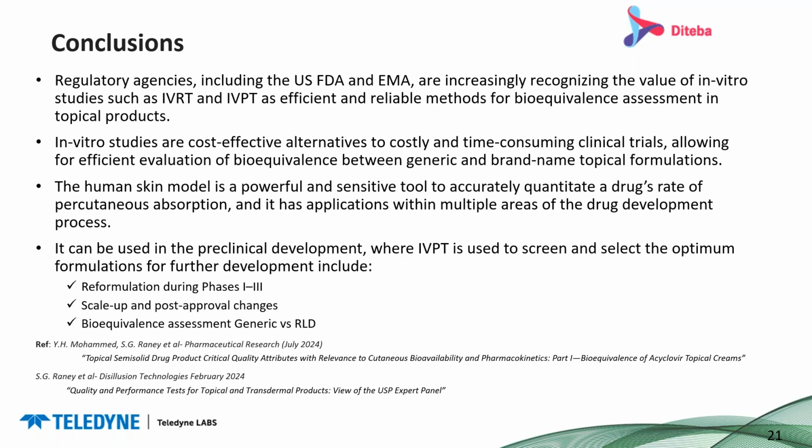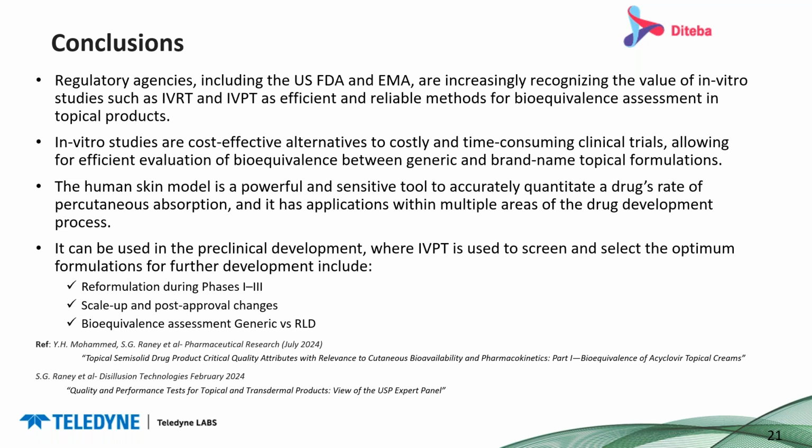When comparing FDA and EMA guidance for an IVPT study, several important differences and similarities can be observed. These differences often reflect varied regulatory philosophies and practical considerations between the two agencies when evaluating equivalency for topical products. Let's start with a good point: harmonization efforts.